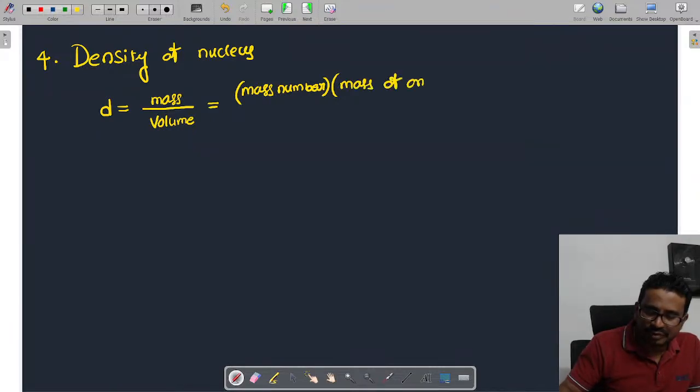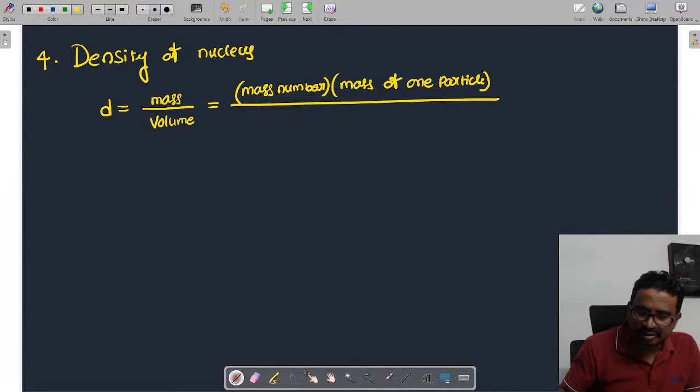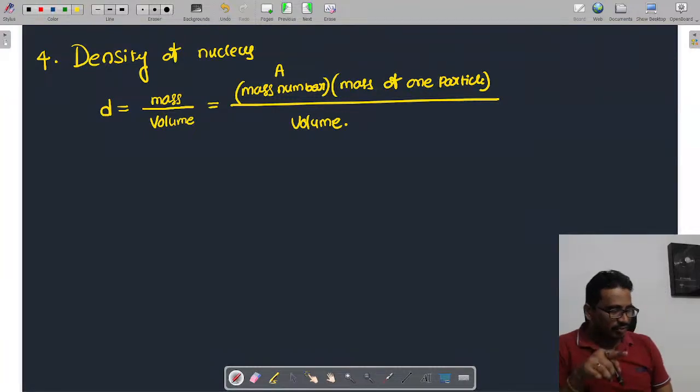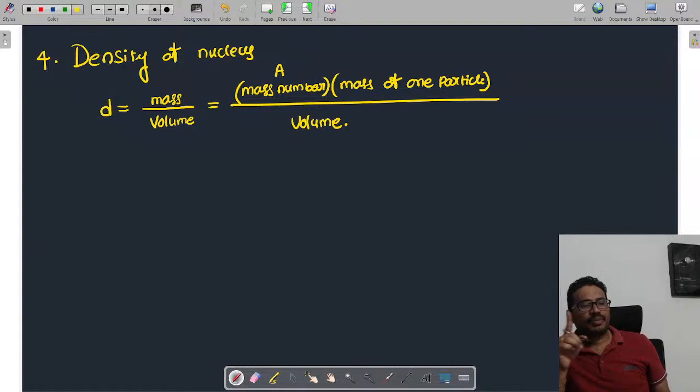Mass of one particle. Inside we have a nucleus. What are the elements there? Both protons and neutrons are there. So the sum of protons and neutrons is called the mass number A now. So that means the mass of one particle multiplied with the mass number will give the total mass of the nucleus.